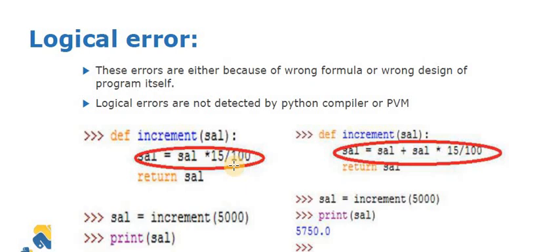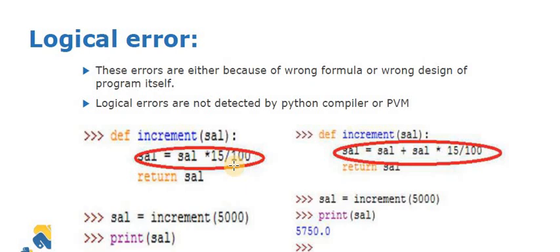Next is the logical error. What do you mean by logical errors? Logical errors are those errors related to the syntactical way of writing statements in the language, the particular rules, like giving parentheses, that we have to follow.